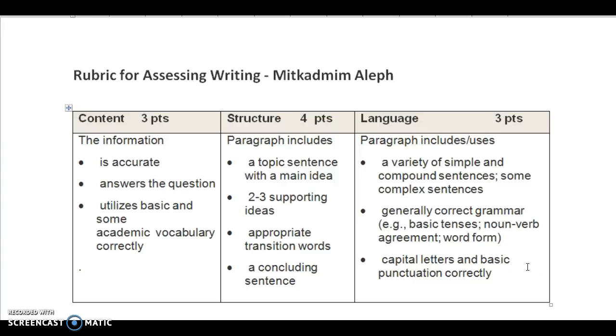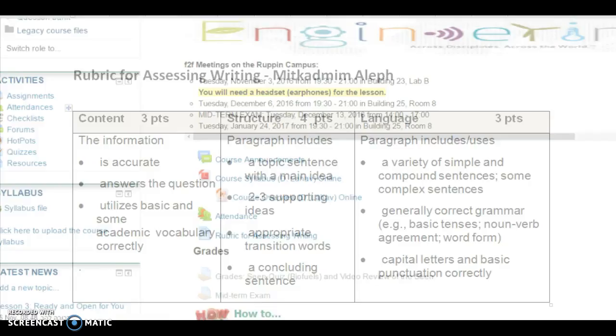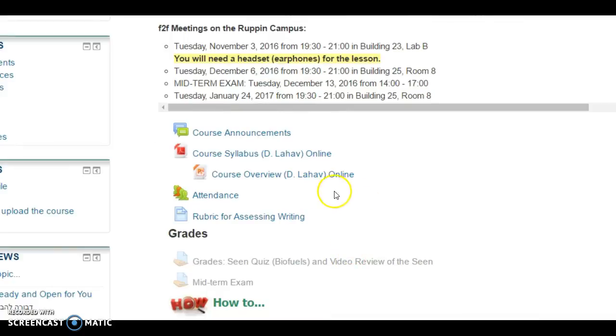Every sentence begins with a capital letter, and use a comma correctly, a full stop, a question mark. Now this rubric you can also see on the course site. On the first page you can see that it's here, rubric for assessing writing, and you can always click on it and use it while you're writing.